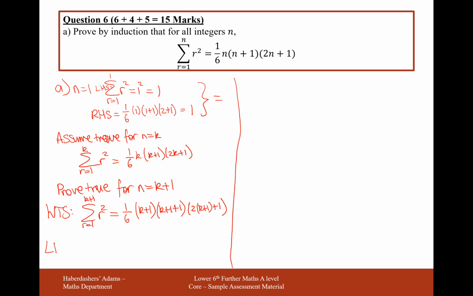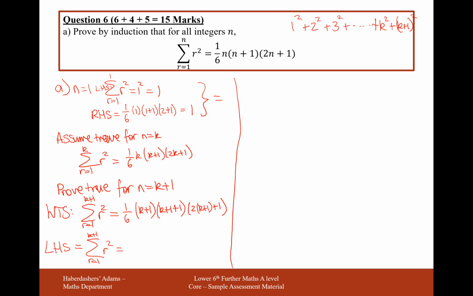So let's start working on the left hand side of this. We have the series of 1 up to k plus 1 of r squared. Let's think about what this is. This is just adding together a whole bunch of square numbers up until we reach k plus 1. So it's 1 squared, 2 squared, 3 squared, plus we go through k squared and we go through k plus 1 squared.